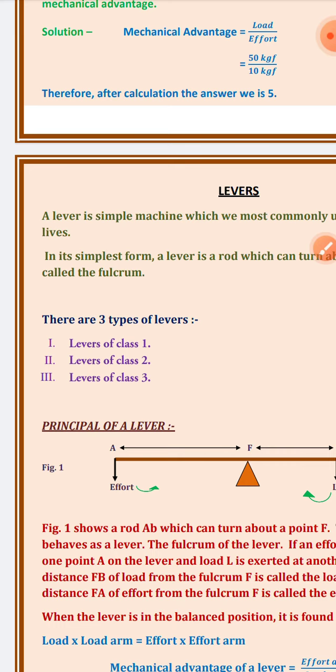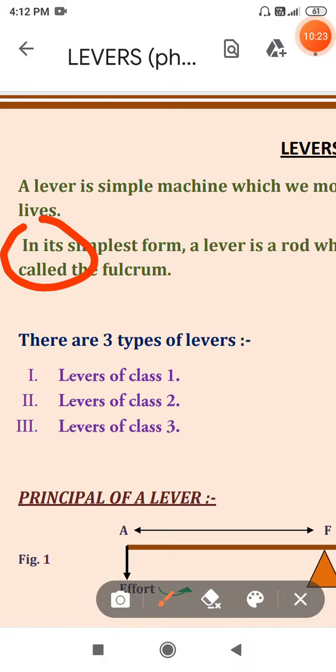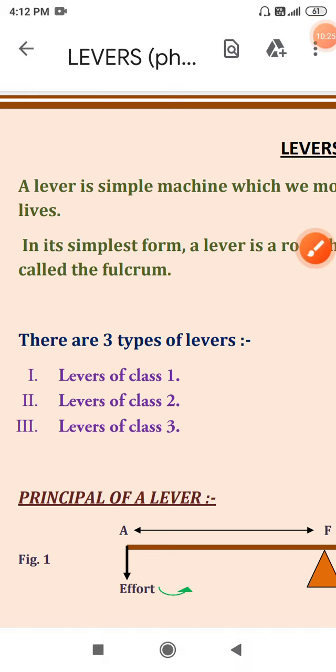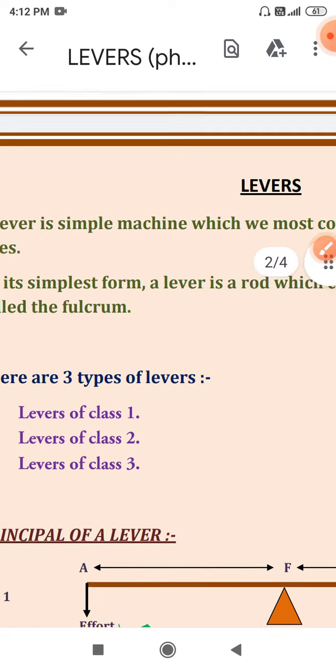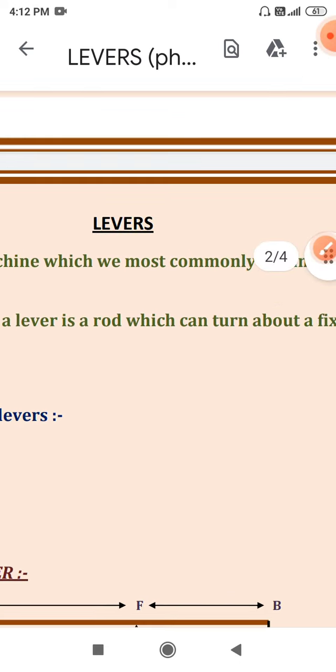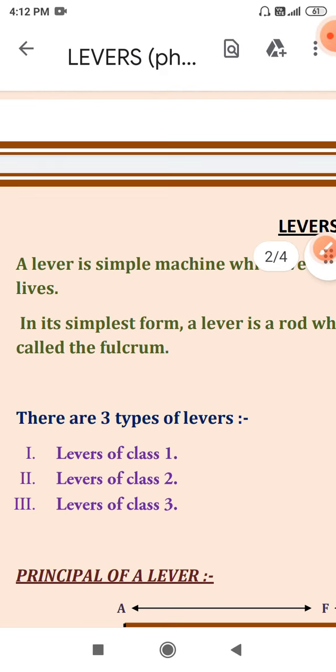Now there are many things in a lever. There are three types of lever, but before proceeding into it we also have to know one more thing, that is, what is a fulcrum. In this line you can find that in its simplest form a lever is a rod which can turn about a fixed point called the fulcrum.